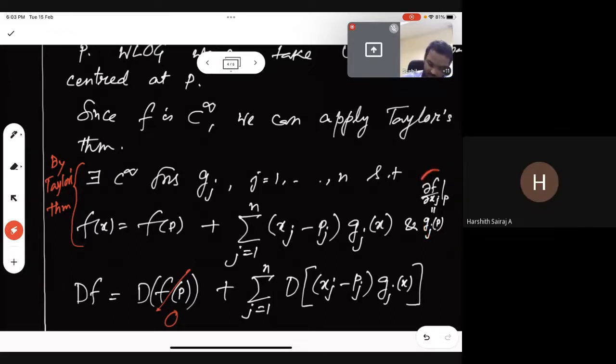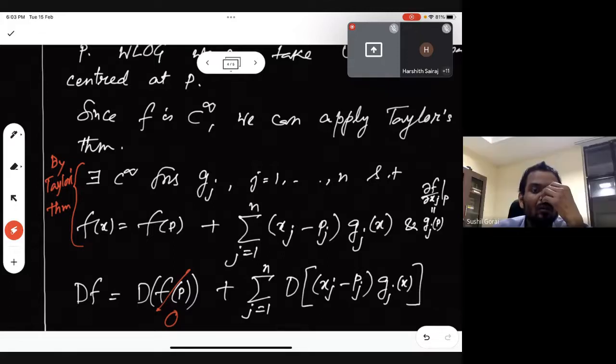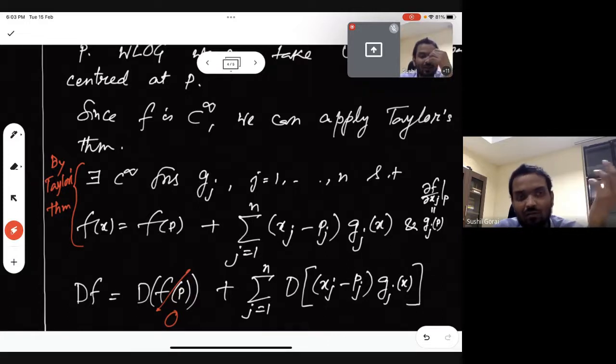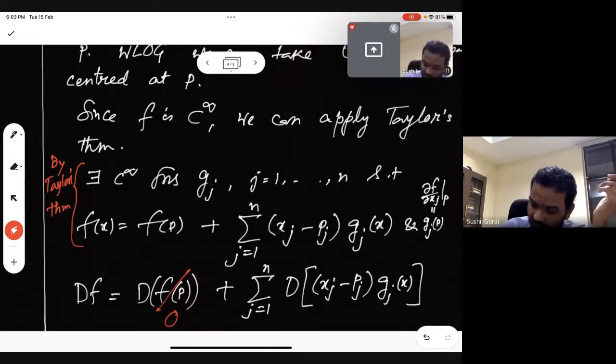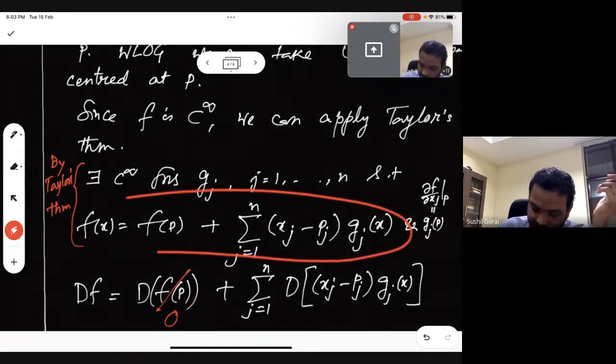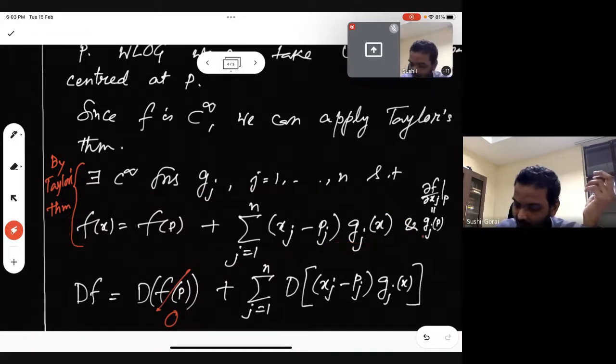Sir, isn't that automatic? If f is equal to that in the interval and I take the partial derivative, won't this come out? Of course, that is true. So do we have to mention that explicitly? Oh no, once you have this expression, del f by del xj at p is nothing but this one.